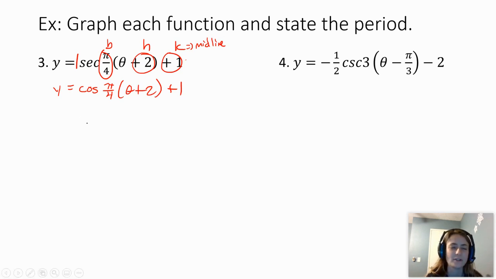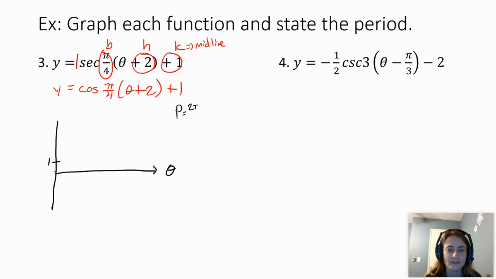Okay, so let's look at all these parts here. Our new midline is at 1. We need to determine the period.